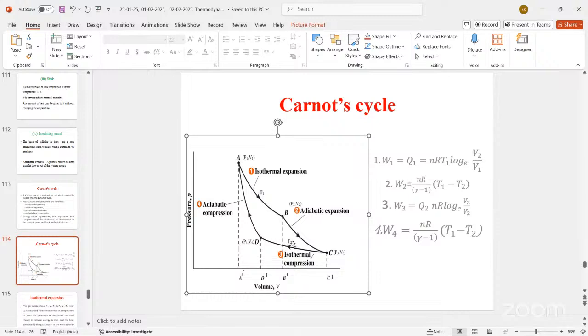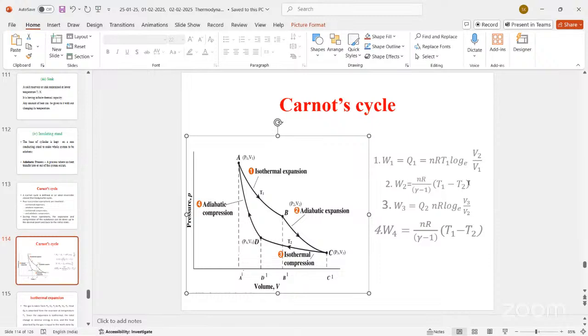And here, the work done in the second step, in adiabatic expansion, work done by the gas in this adiabatic expansion, we will get W2 = nR/(γ−1) (T1 − T2). Very good.